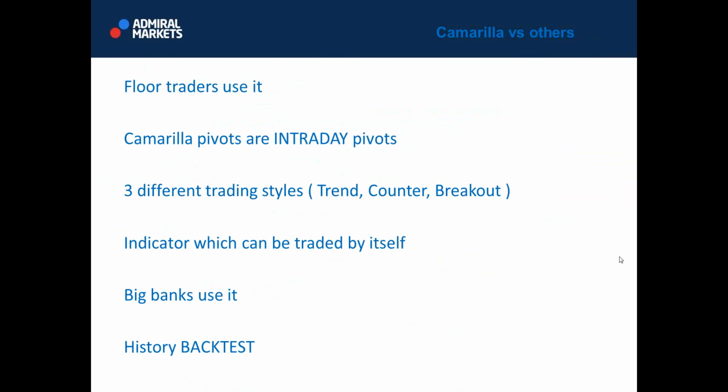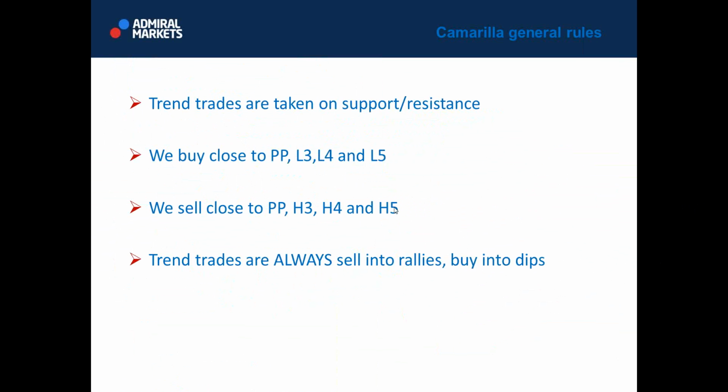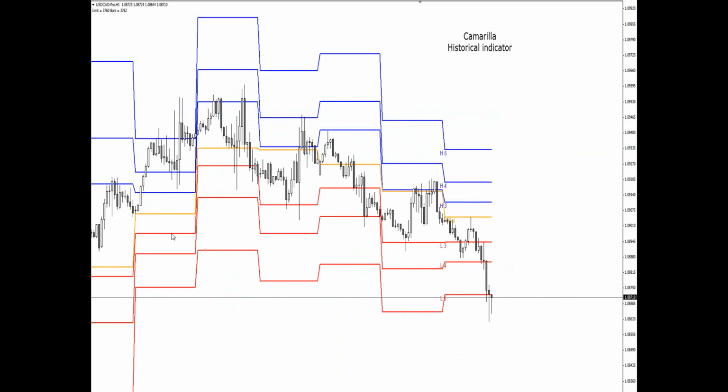History backtest. You can go and backtest these pivot points in history. H3, H4, H5, pivot point, L3, L4, L5. Okay? L3, L4, L5, pivot point, H3, H4, H5.